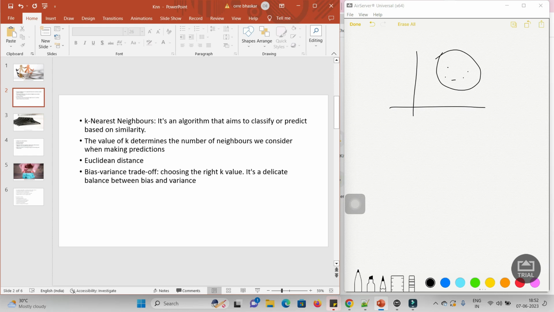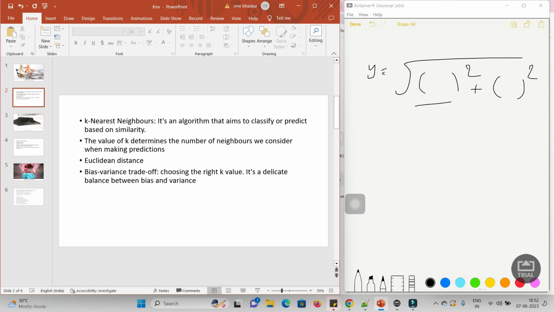So, what does that mean? It means in KNN that variance can be high because we are calculating Euclidean distance. So, if this distance depends upon one feature, second feature, and so on, this can be biased.